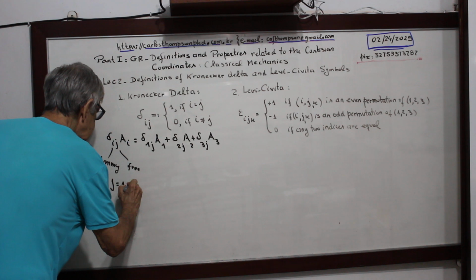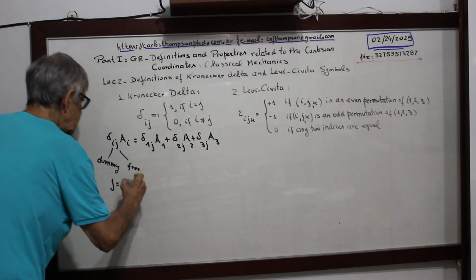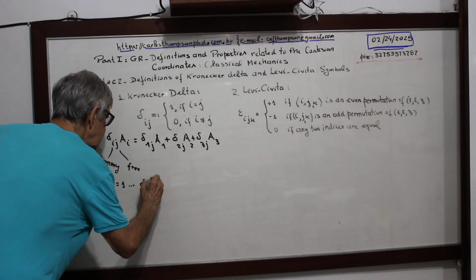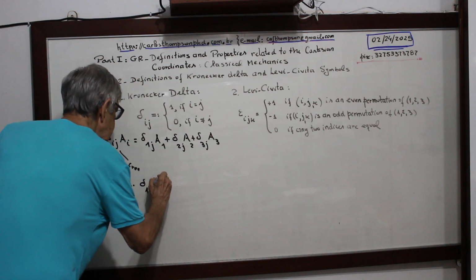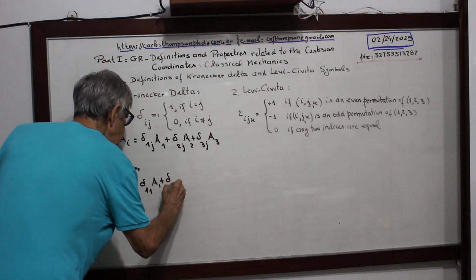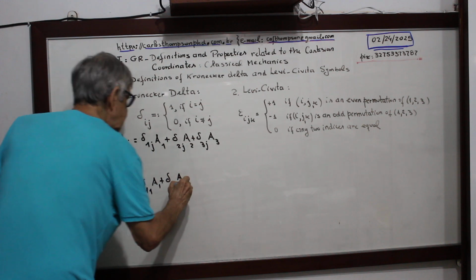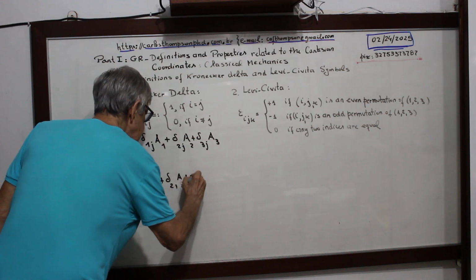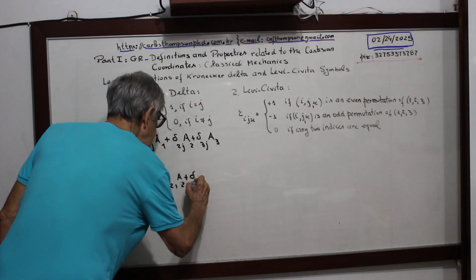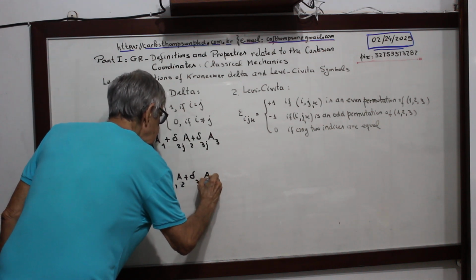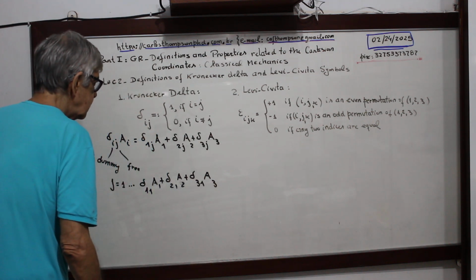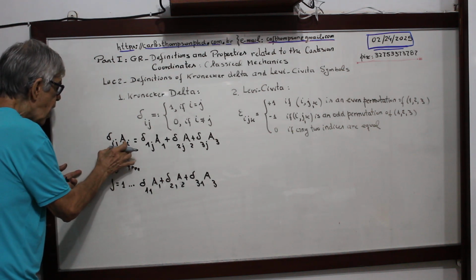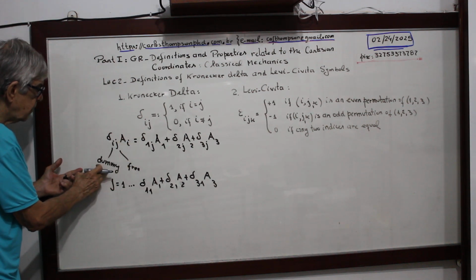Then this relation becomes delta 1,1 a1 plus delta 2,1 a2 plus delta 3,1 a3. It's quite simple. See, I'm summing on i because i is dummy.